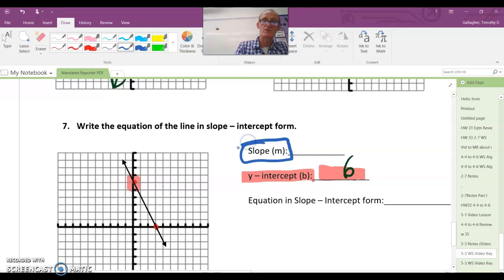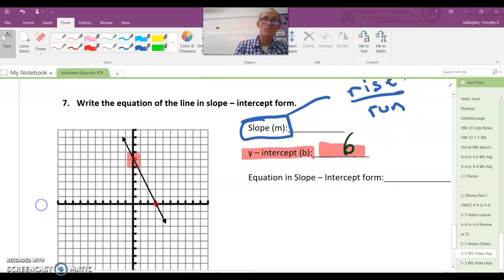Now, the slope is the rise over the run. So I'm going to rise up 1, 2, 3, 4, 5, 6, and run -1, 2, 3. So I'm going to do +6 over -3, which simplifies to -2.